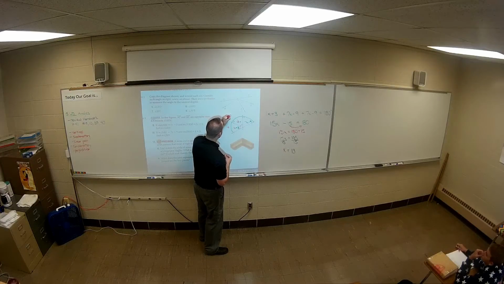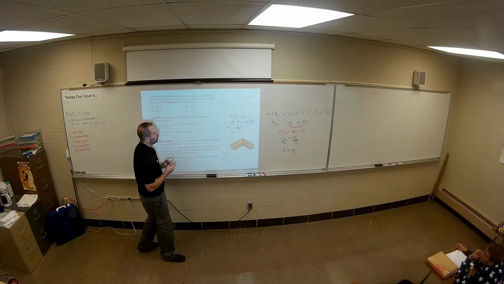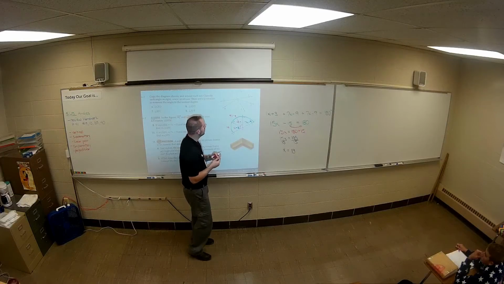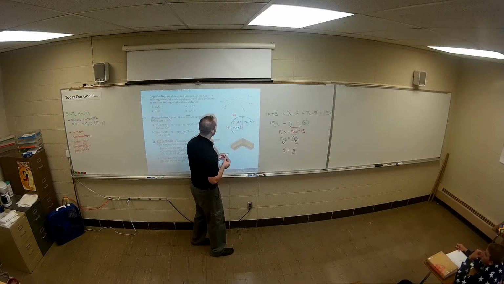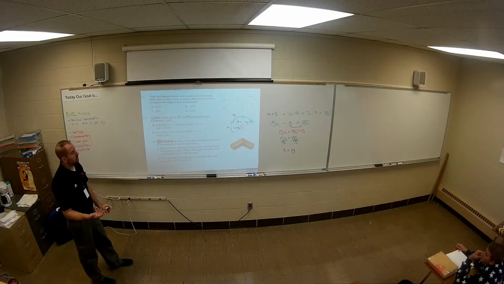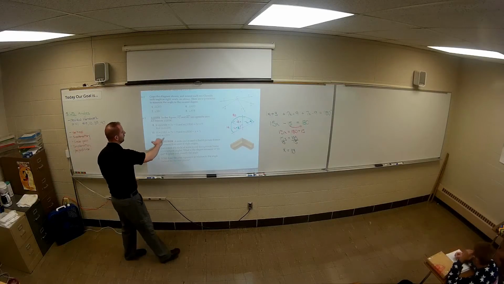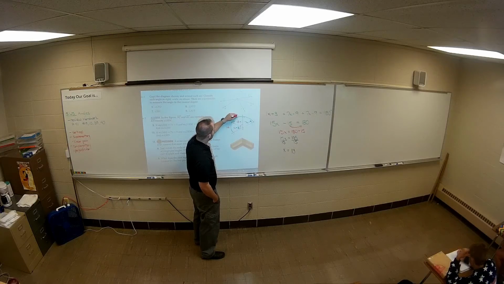So if I plug a 13 in here, what is 13 plus 3? 16. So that's 16 for that angle. Now I'm going to plug a 13 in here. So I'm going to take 7 times 13, and then subtract 9. 7 times 13 is 91, and what is 91 minus 9? 82.